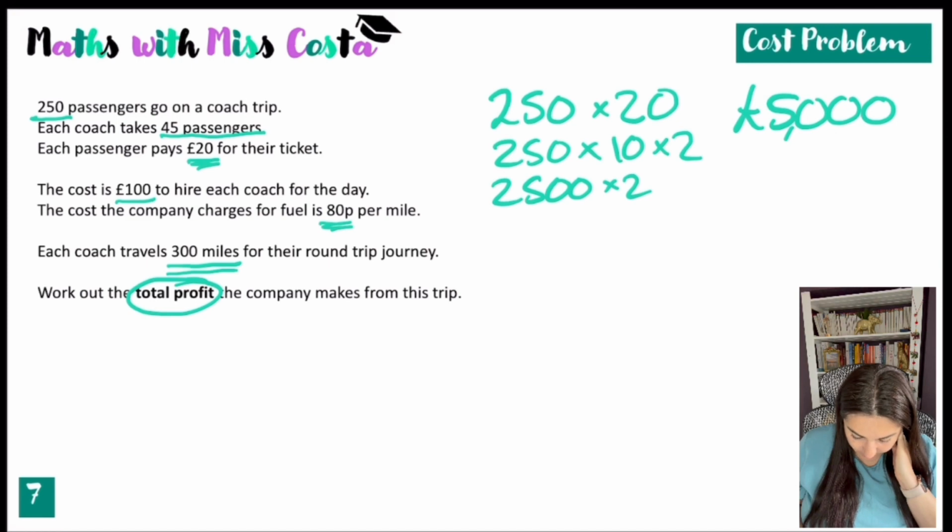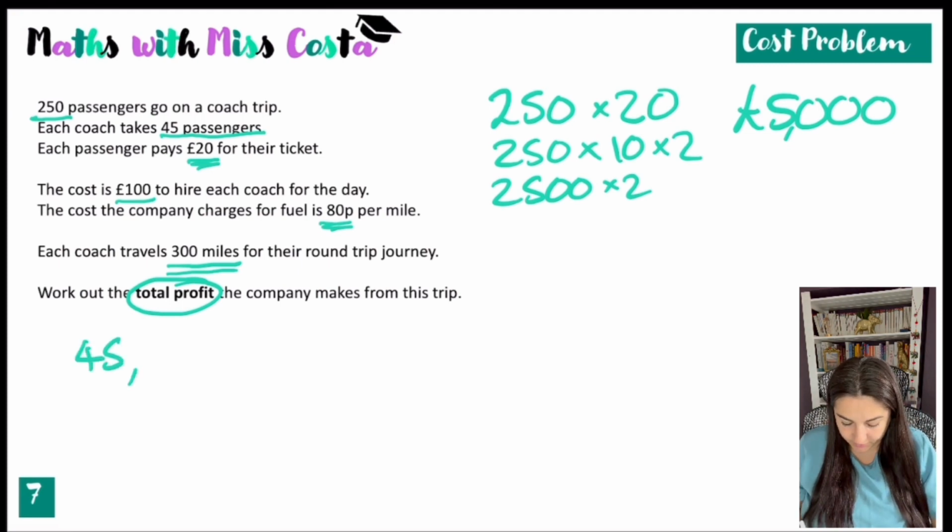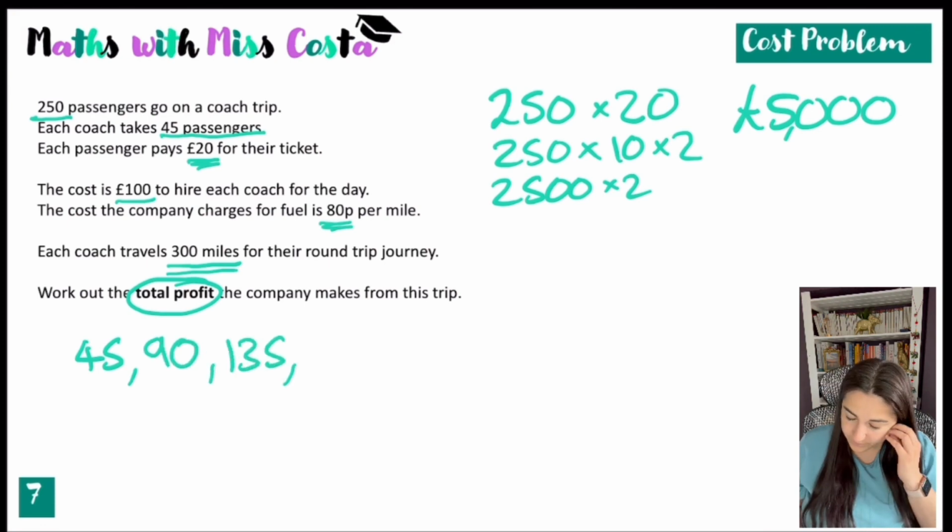£100 to hire each coach. Now there are 45 passengers on each coach. So how many coaches will there need to be? Well, there's 45, then 90, 135, 180, 225.